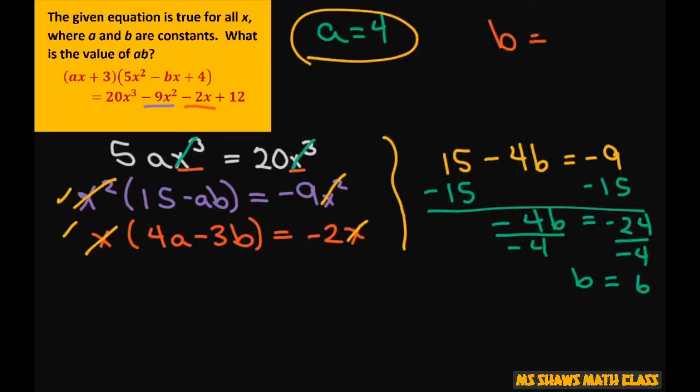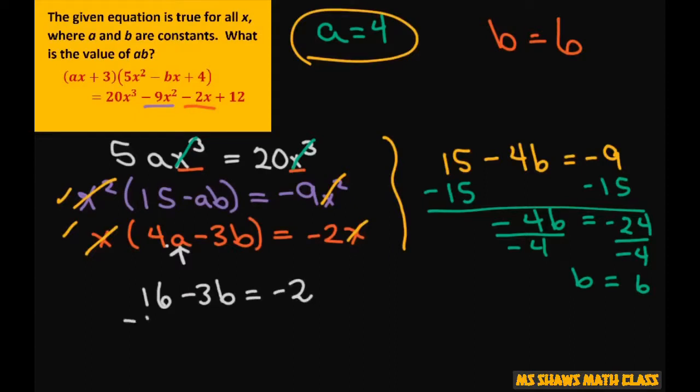Now, technically, we wouldn't have to do the other one, but sometimes when we're doing problems, we might have made a little mistake. So I'd like to try to do both of them, to make sure I didn't make a little mistake on something. So now I'm going to input for this one. So 4 times 4 is 16, minus 3b equals negative 2.